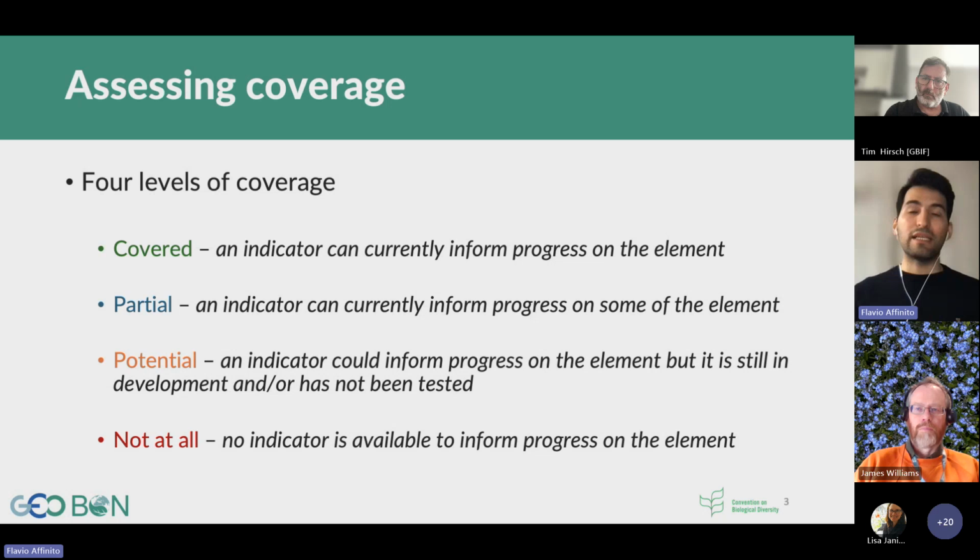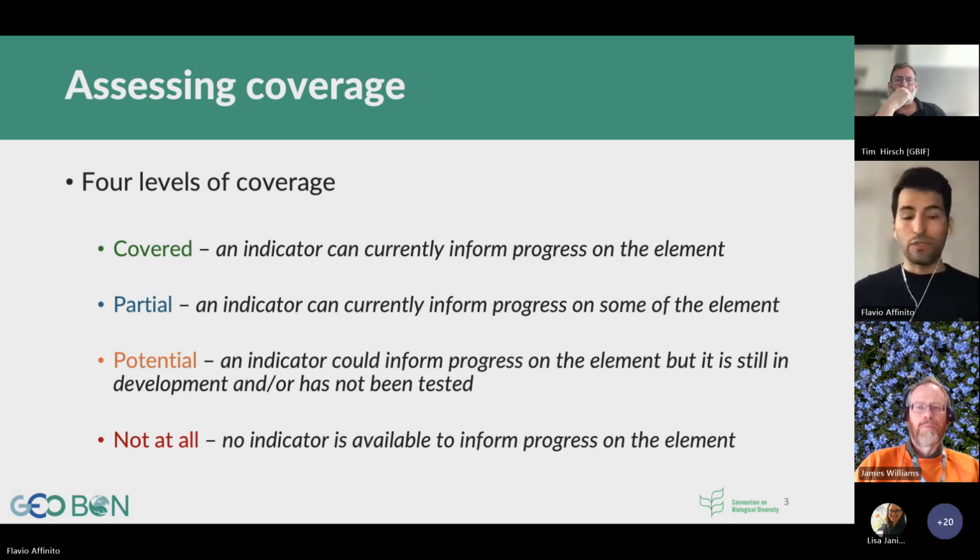So we might have an indicator that's related to the elements, that collects data that's relevant to the element, but it hasn't been used to inform on that element. What's really key to understand between partial and potential is the intent. What can concretely be done now would be covered in partial. We have indicators that work, and what could be done in theory later is more to do with the potential description.